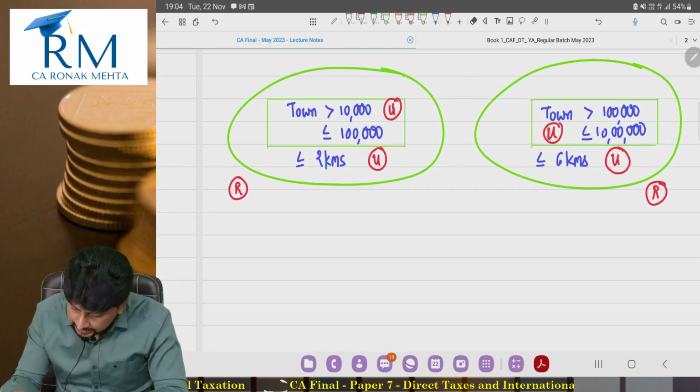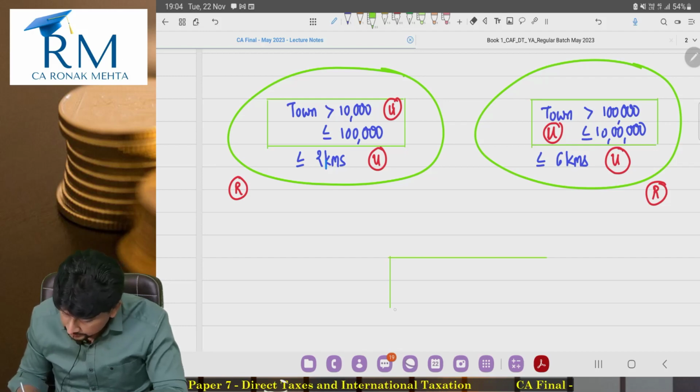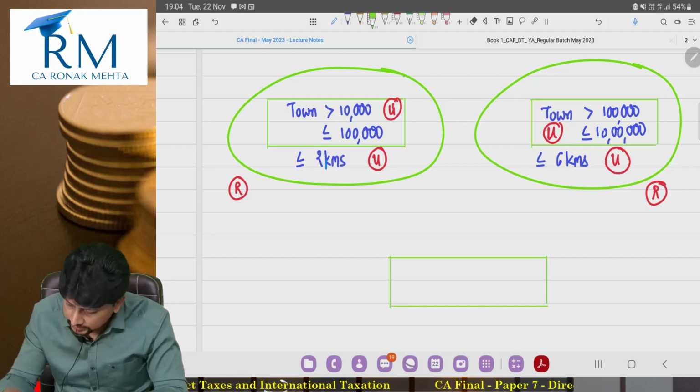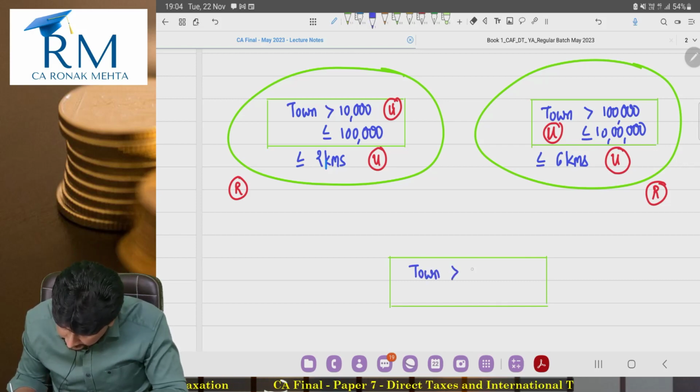And the last part of the definition says that if there is a place where the population, now you can easily guess what I am going to write down, exceeds 10 lakhs.